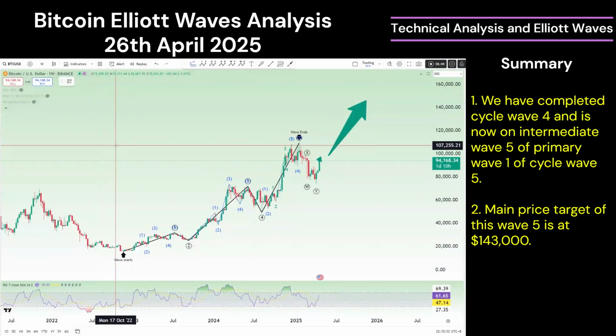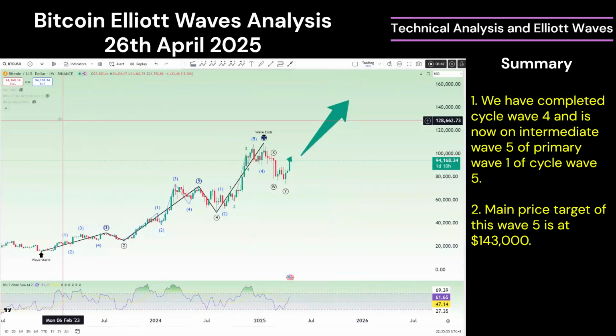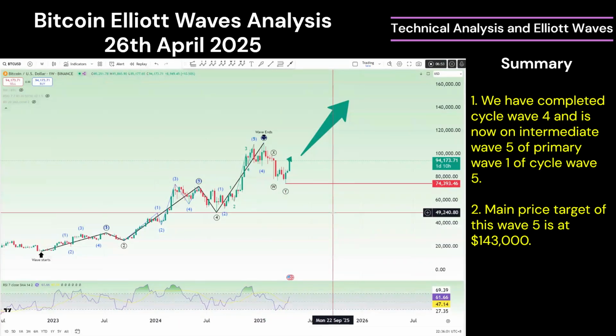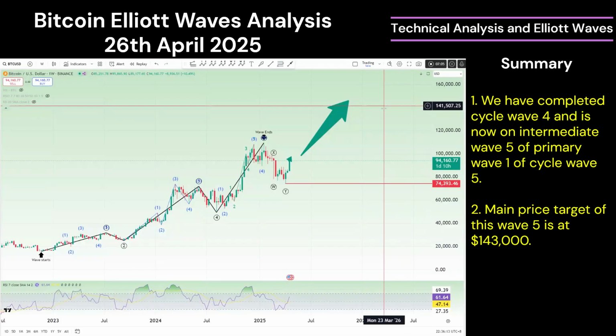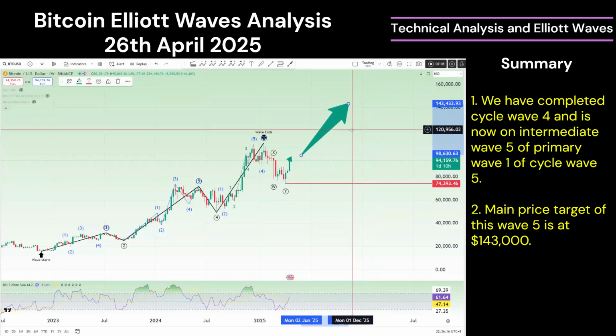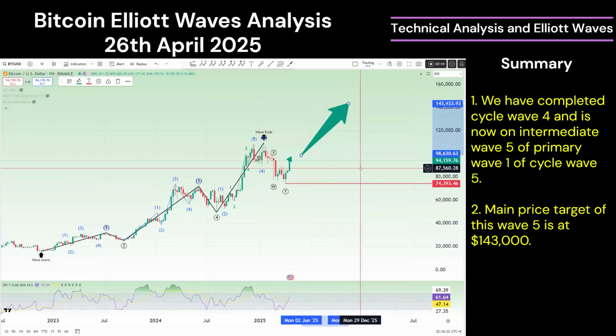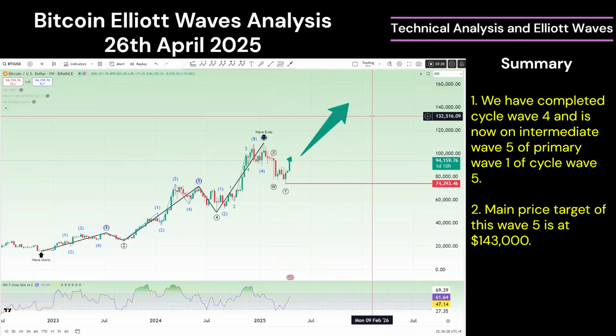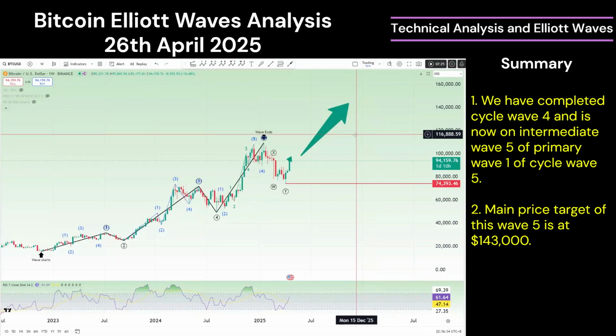Then wave 5 itself should at least be, let's take this as a bottom, and if we take this plus 69,000, it will actually be around 143,000. So this becomes our target for wave 5. So Bitcoin itself, in the very long term, I do expect that it will reach this 110,000 here and move to 143,000.